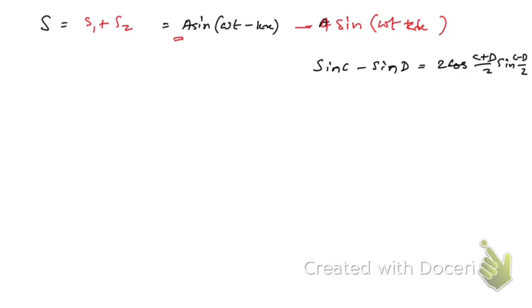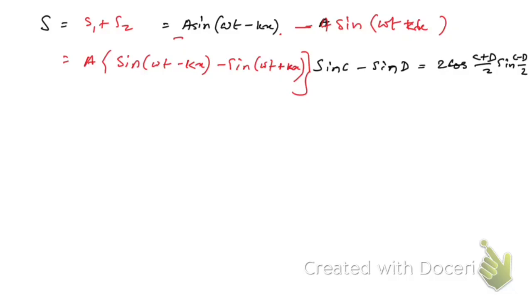If we take a common, we can write sine(omega t minus kx) minus sine(omega t plus kx). And now apply this identity.